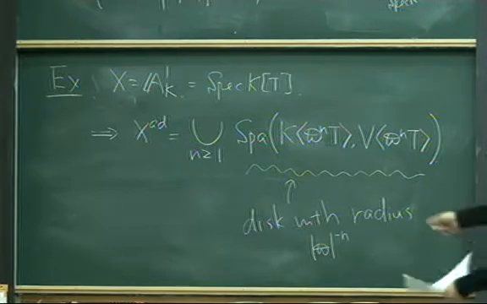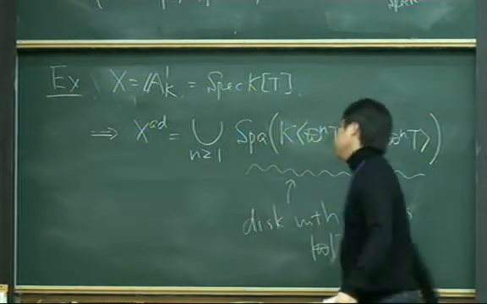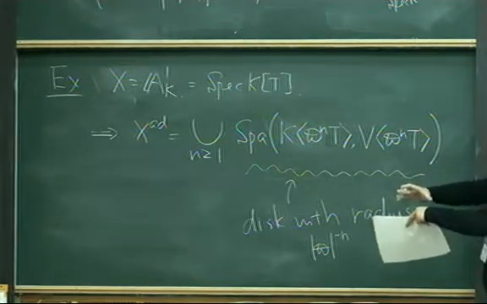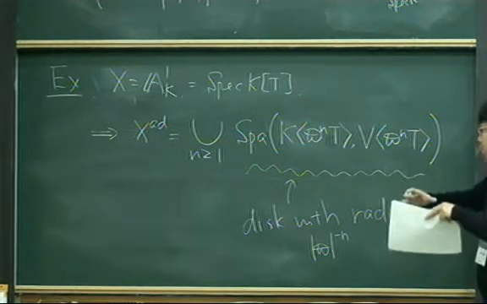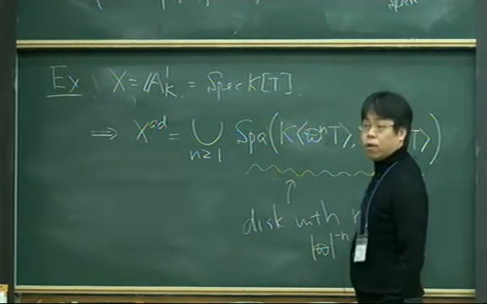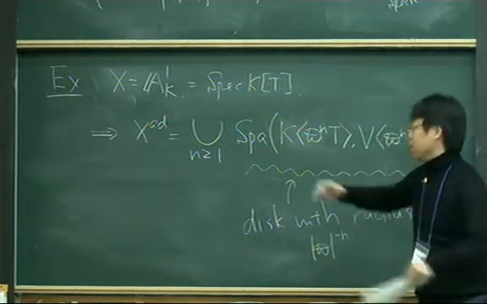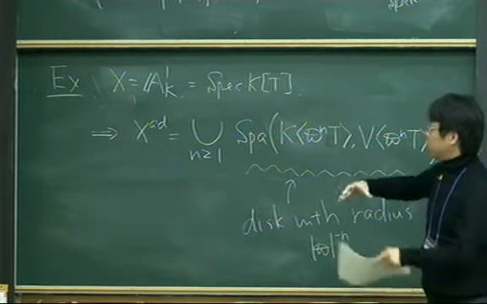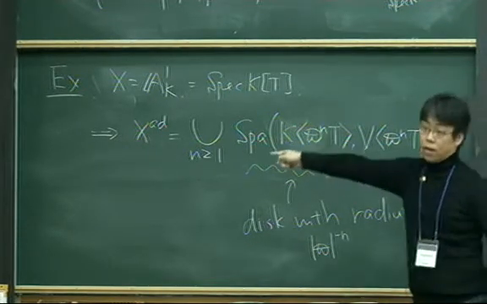So if we take a union for all n, then the radius becomes bigger and bigger, and if we take the union, then we get the rigid space, which is actually the affine line.